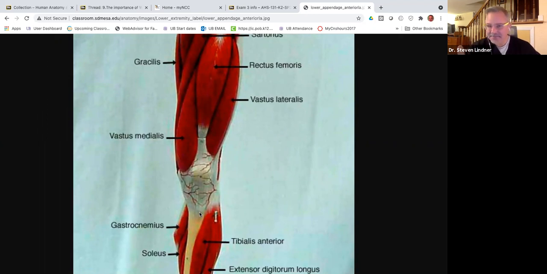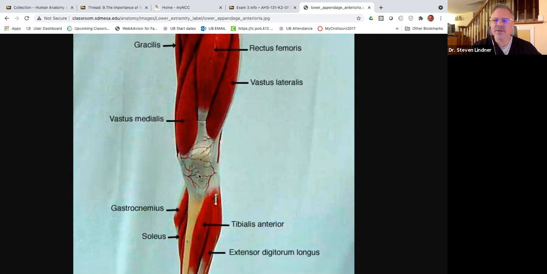So technically, by name, what is the soft tissue structure called when it goes from a muscle to a bone? When you have an attachment from a muscle to a bone, we call that a tendon. So this is called the patellar tendon. Sometimes it's called the quadriceps tendon.